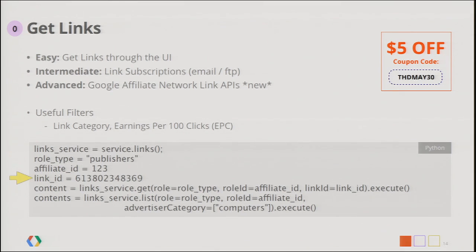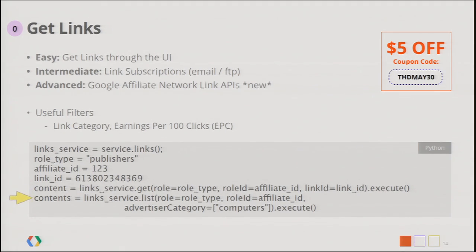Let's pretend you already know what the link ID is. All you do is pass that link ID, the role type, and that role ID into our system and execute the query. From that, we'll hand back a JSON object. But let's say you don't know which link ID you're talking about and you want to query over a variety of links.